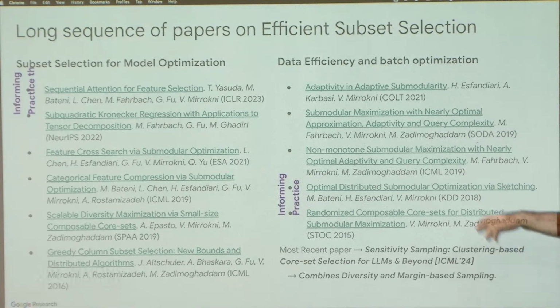And I can tell you that, for example, these two papers, or maybe this new paper on subset selection, have been really informing practice because we have implemented these and they beat all the other interesting theoretical and algorithmic results that we had. So I'm going to focus on the papers that inform practice and also more recent papers here.